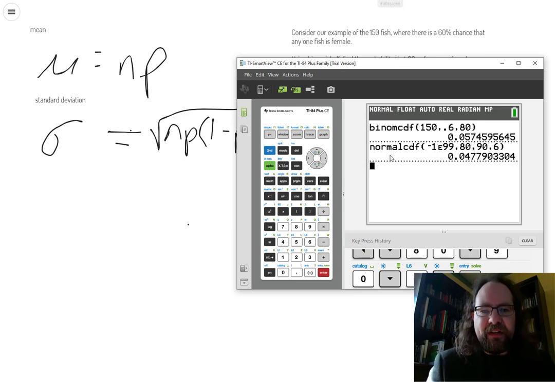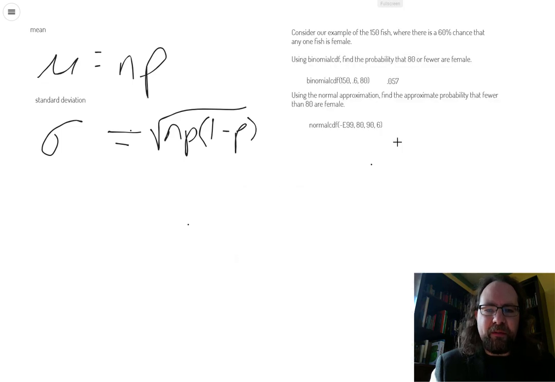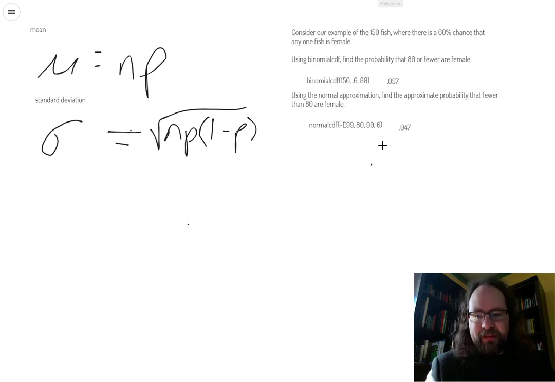It's about a 1% difference total between the two methods of finding this probability. So this one came out to about 0.047. So very close. So you could see that in practical terms, once upon a time, if this was very hard for them to do by hand, this got them pretty close for most things. So that's another example of how we would use the normal CDF to approximate a binomial CDF problem.